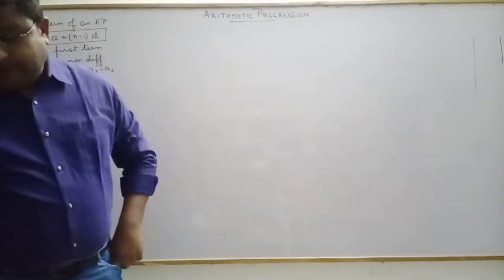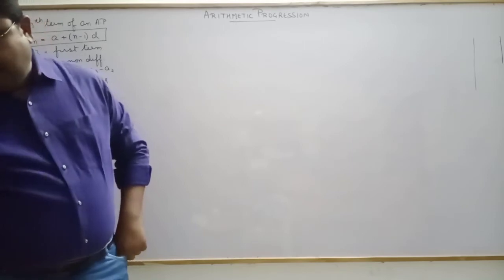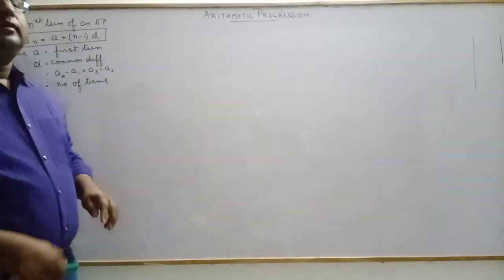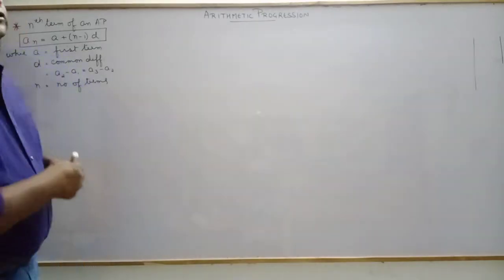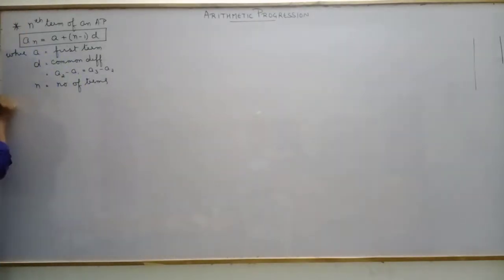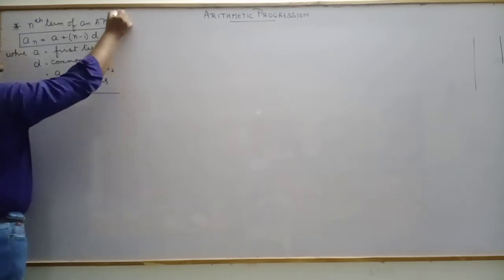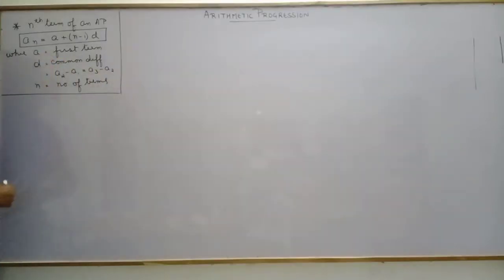If the third and the ninth terms of an AP are 4 and minus 8. The third term and ninth term are given to us. All of us remember, how do we write the third term of an AP?